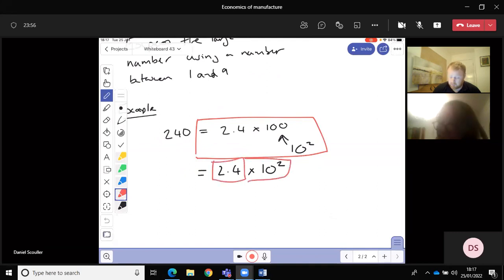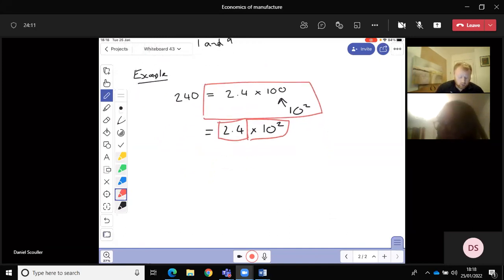So we want to express the first part of the number by something between 1 and 9, and then the second part will be times 10 to the power of. What that power is telling us is how far we need to move that decimal point to then write that out as a complete number again.